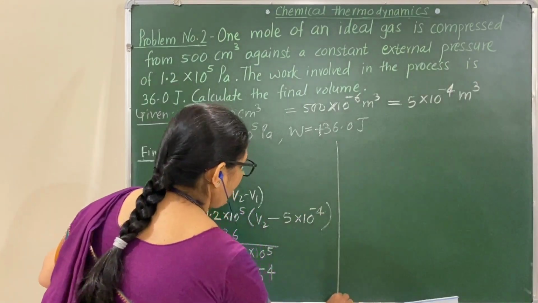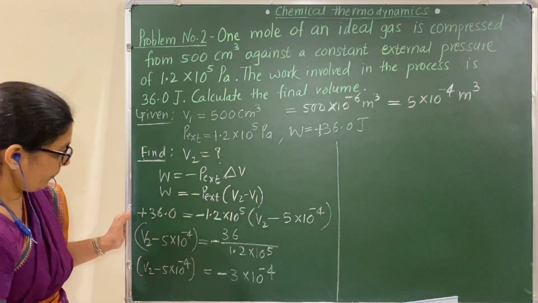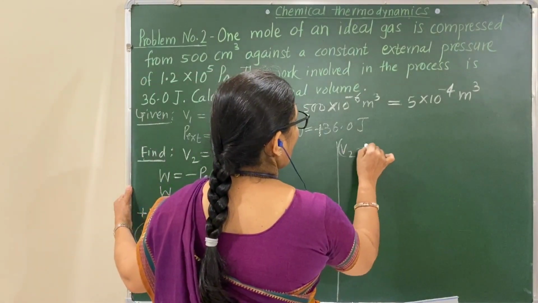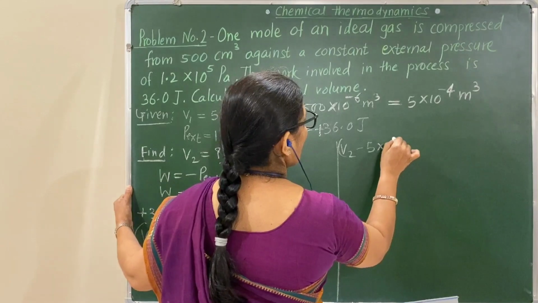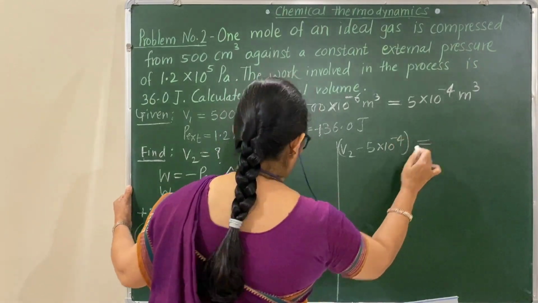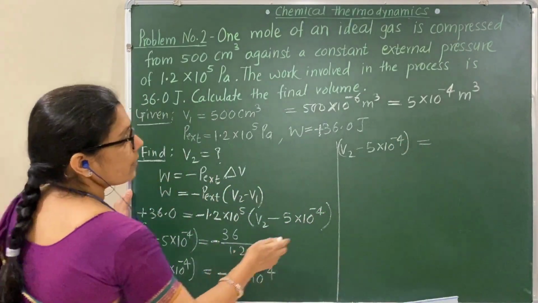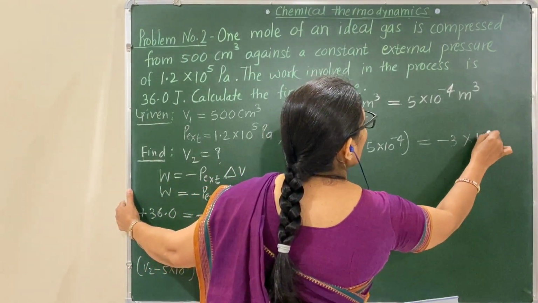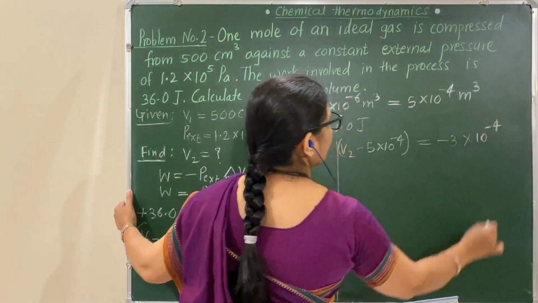Okay. Now, continue this part here. V2 minus 5 into 10 raised to minus 4 is equal to minus 3 into 10 raised to minus 4.